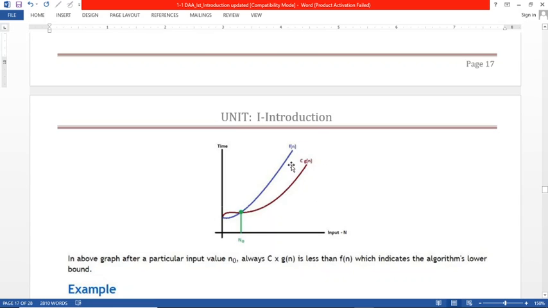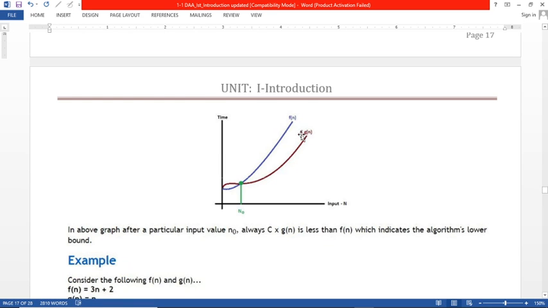Our time complexity is f of n, and we are solving the problem before reaching f of n. So this is c g of n. After multiplying with the constant value also, the answer must be less than f of n.